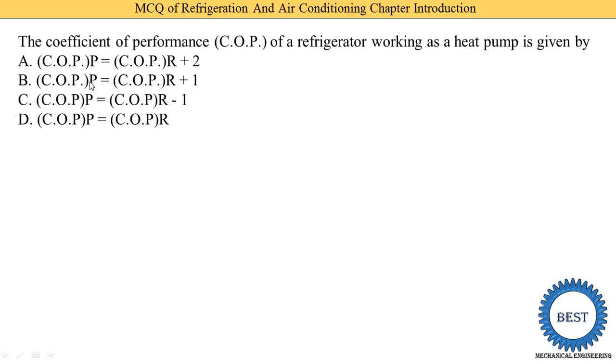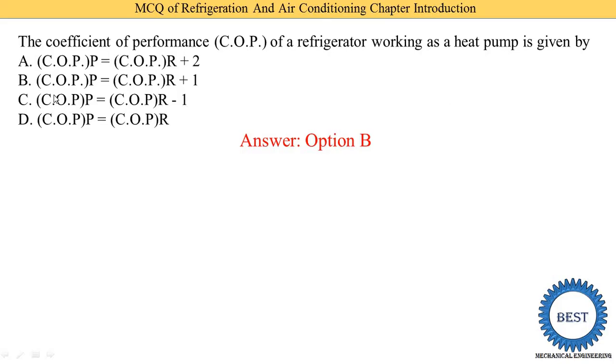I already derived these equations. If you want to know how this equation comes, the link is provided on the top right of the screen, in the chapter 1 introduction playlist. In that, the video on the difference between heat pump, refrigerator and heat engine is available. From this video you can understand how this equation comes. So option B is correct.